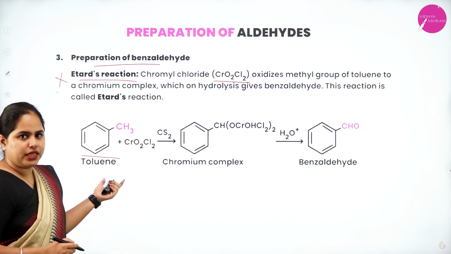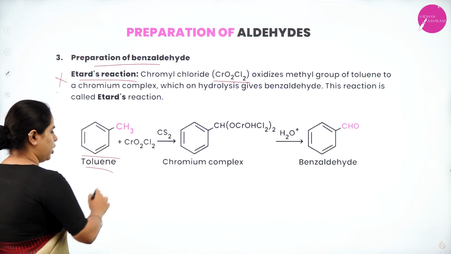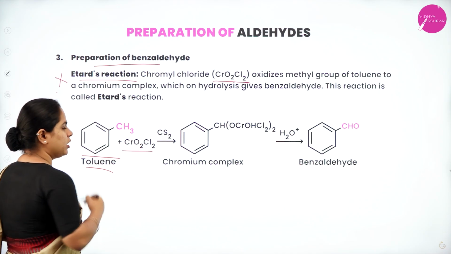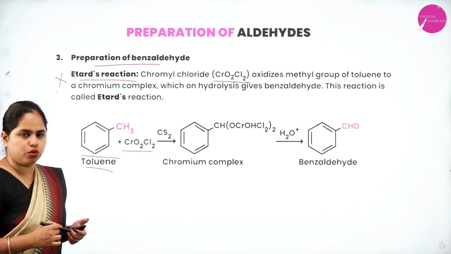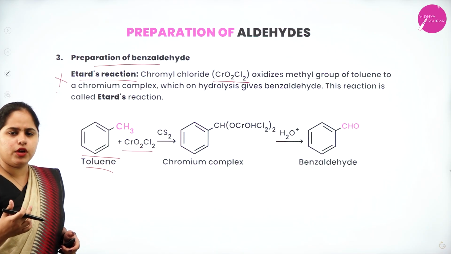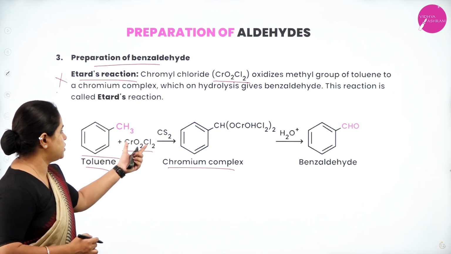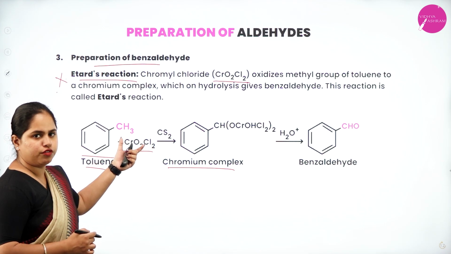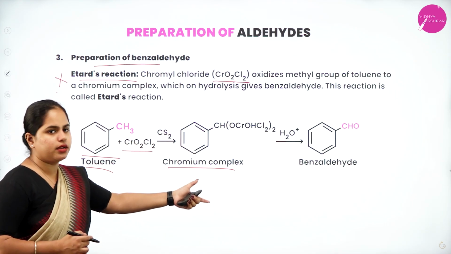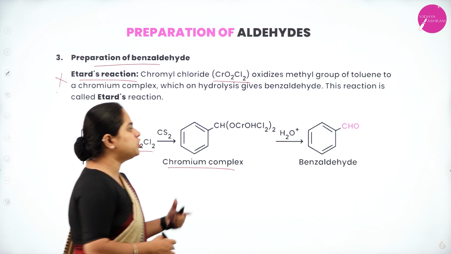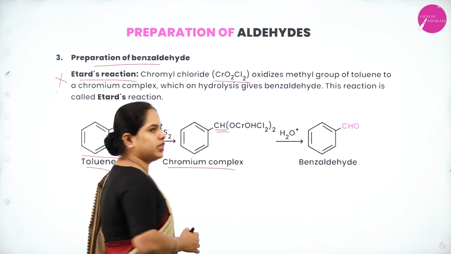So this is methyl benzene, which is called toluene. We already know that, to which chromyl chloride, CrO2Cl2, is going to react. Okay, what are we going to obtain? We are going to obtain a chromium complex. So this is going to get added here instead of a hydrogen atom. So you are going to get a chromium complex here, which on hydrolysis, you already have a CH here, right?